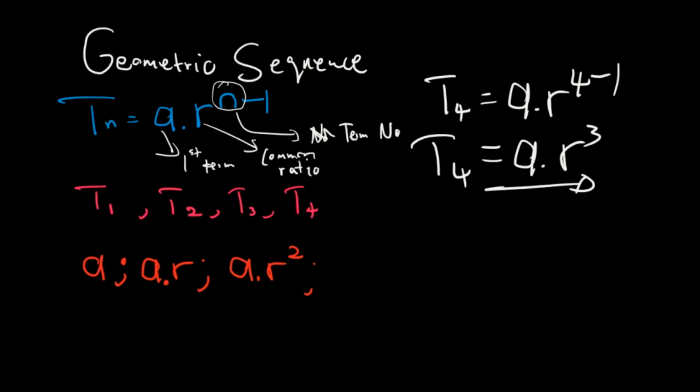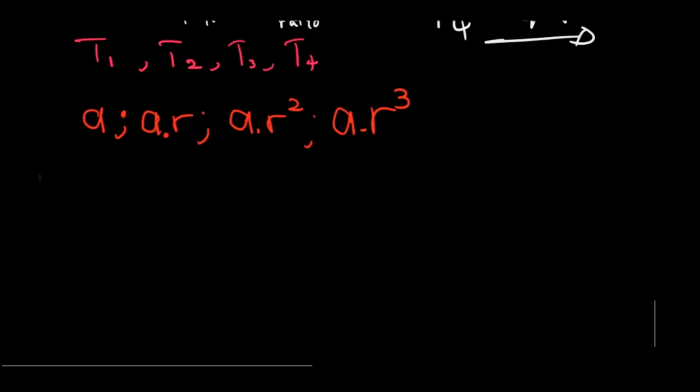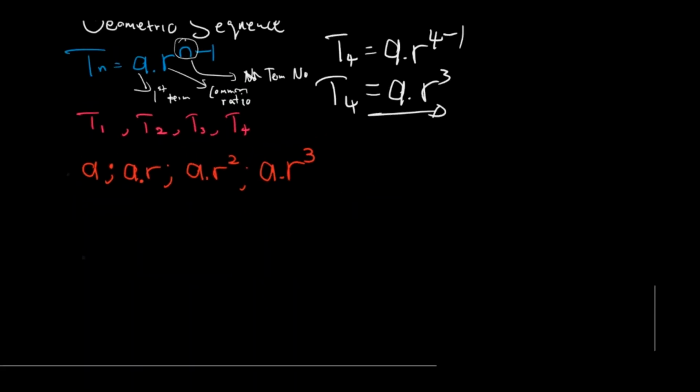So we represent this here as a multiplied by r to the power of 3. So these are your terms in the geometric sequence.